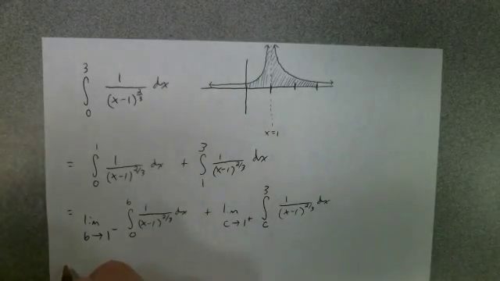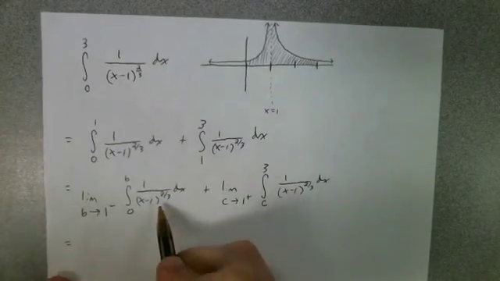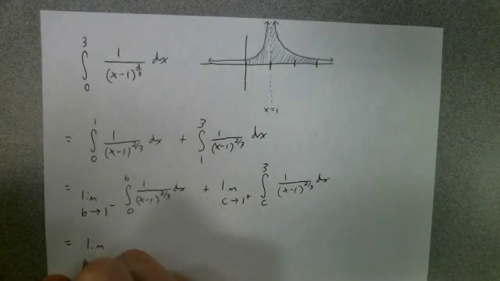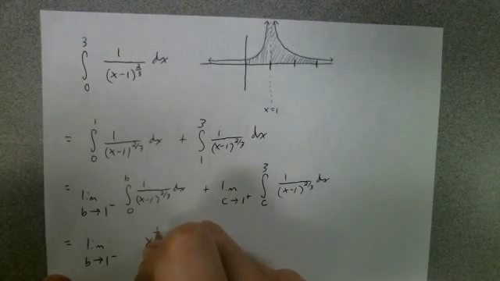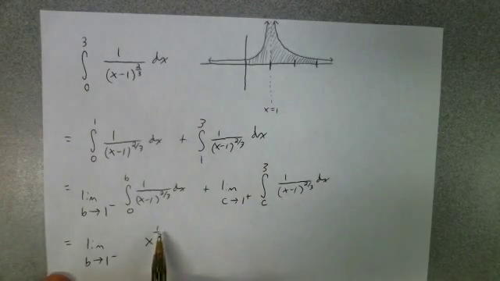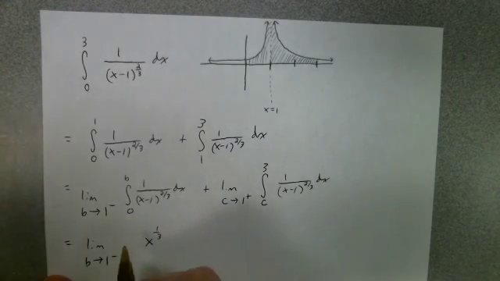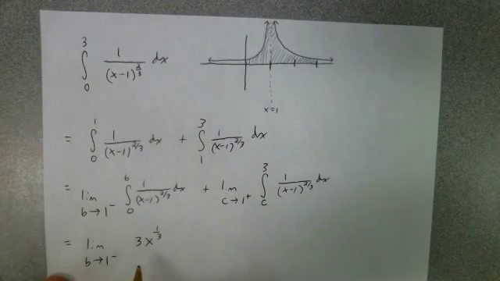All right. So this is (x minus 1) to the negative 2/3. I want an antiderivative of that. Well, I should start with (x minus 1) to the 1/3. If I subtract 1 from 1/3, I get negative 2/3. But if you're taking a derivative of this, you have to bring down a 1/3. We don't want that, so we should multiply by 3. 1/3 times 3 is now 1, so there we go.